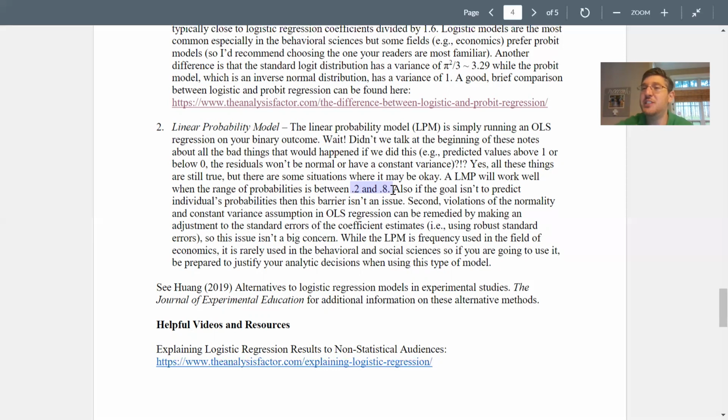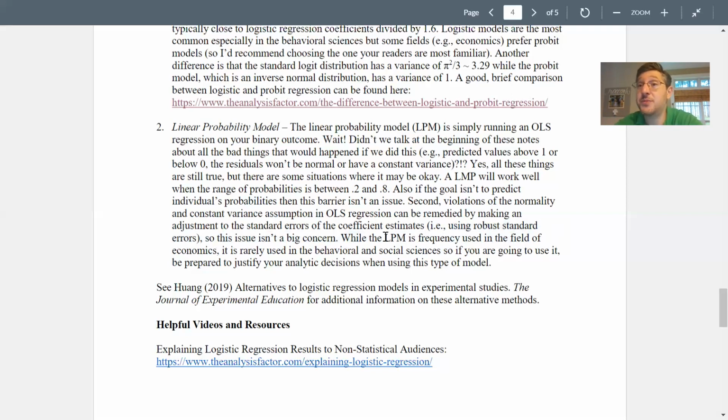There are also some adjustments we can make in linear regression to take into account the violations of normality and constant variance. Even though these assumptions aren't satisfied, your regression coefficients are still unbiased. The standard errors are usually biased in some way, and so we can use various forms of robust standard errors if that's the concern.